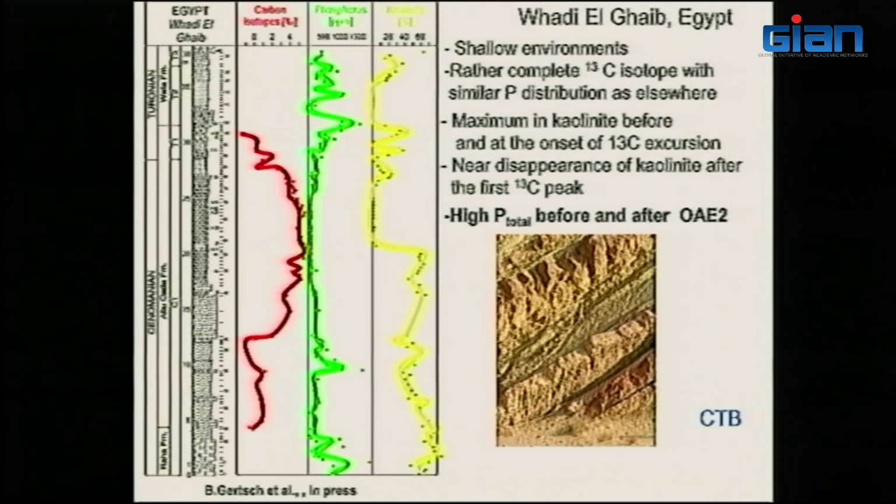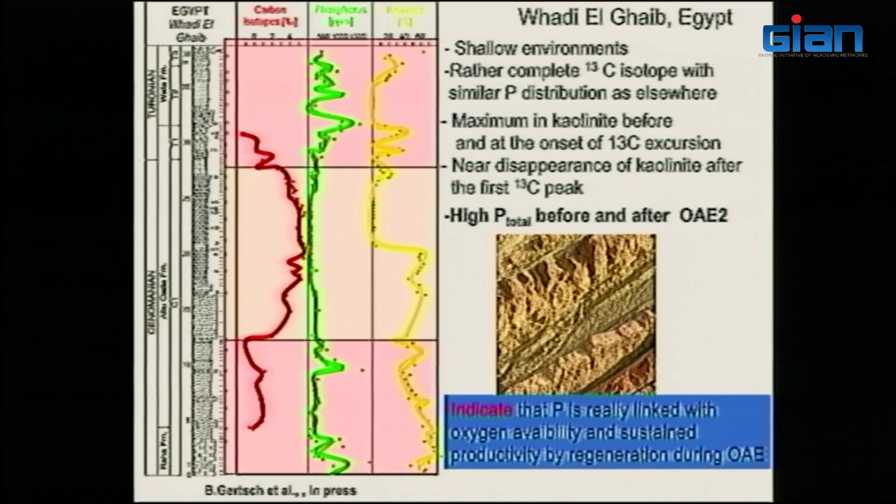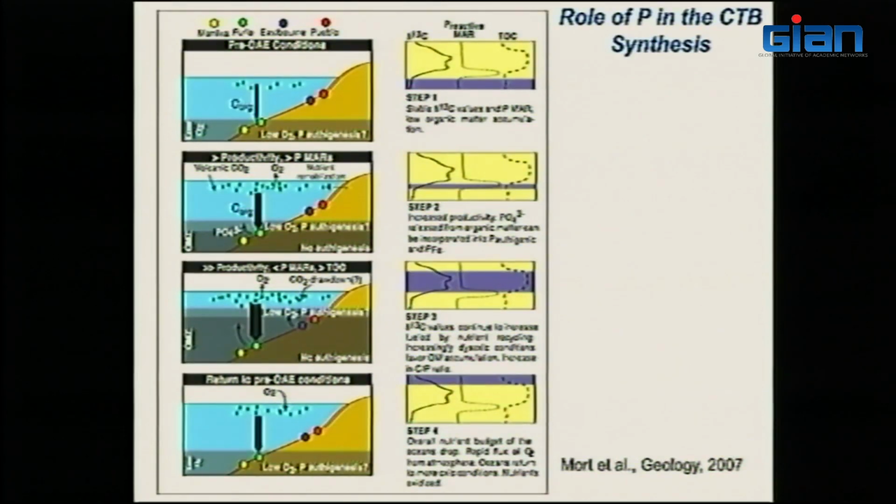And to the end here, we can say a few things about the models, and these things we have published in Geology. This is a general explanation of what I just said. There are 4 steps here.